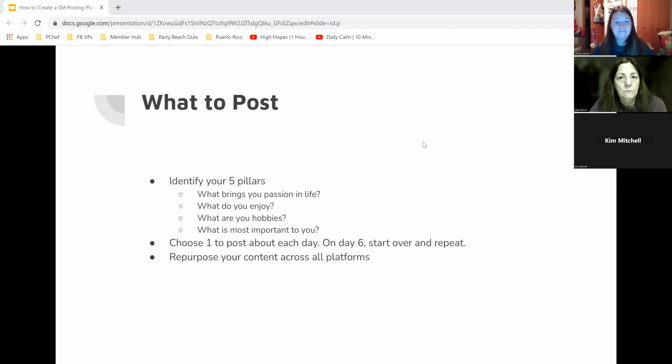Now they can still be used on your personal profiles, but it's not going to attract new people to you as well. It's mostly just going to keep your current people engaged with you and following you. So when it comes to your personal profiles, you want to focus on attraction marketing and curiosity posts.